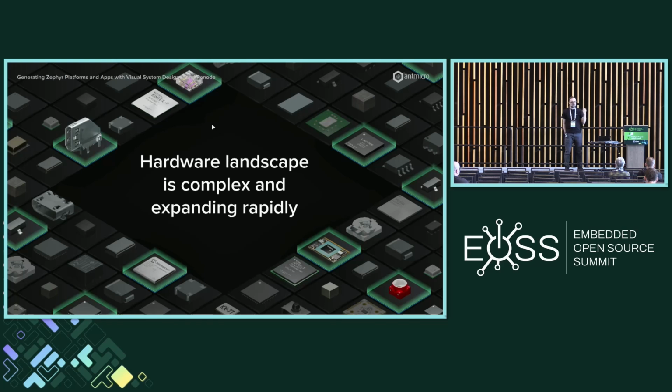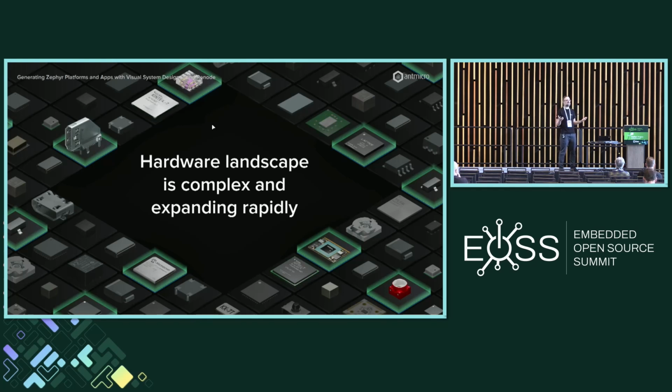Complicating things further is the fact that we have a hardware landscape that's already pretty complicated, and you want it to get more complicated. You want to see more silicon, more chips, more modules, more boards being published, and we're very happy that this is happening.